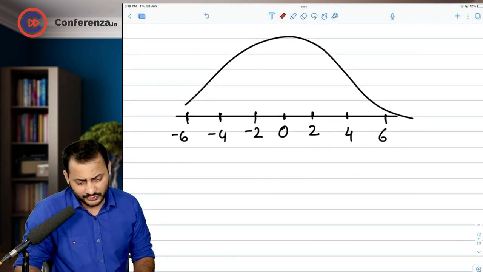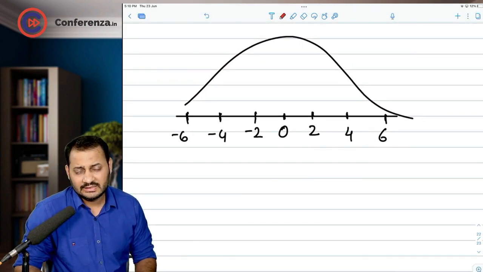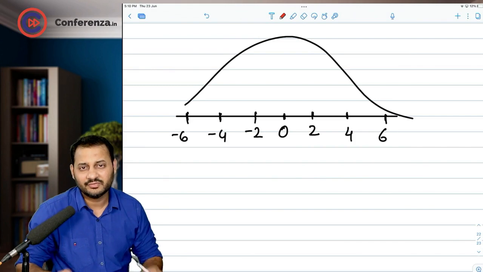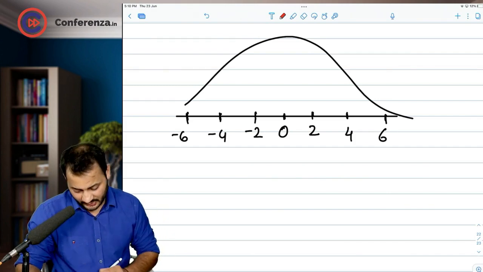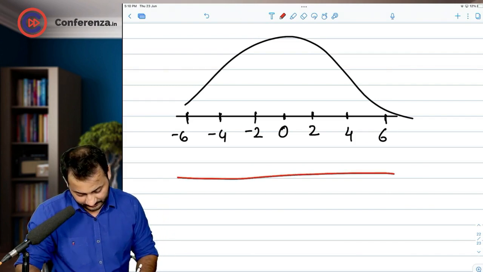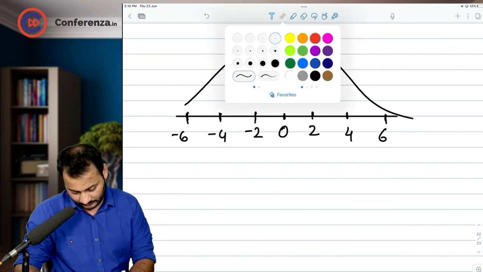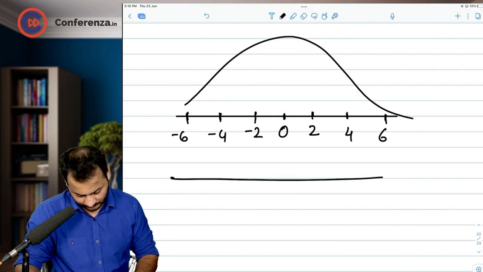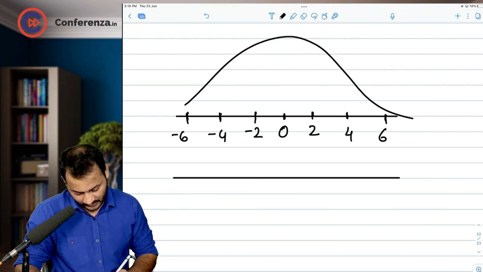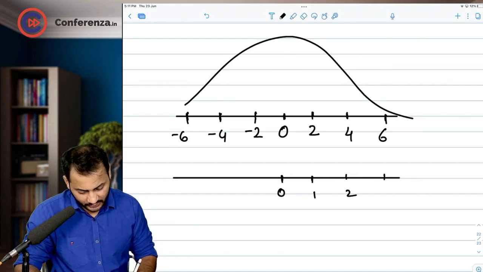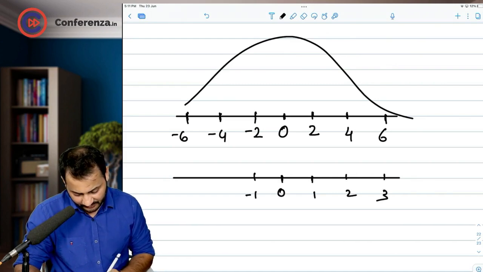But you also know that the probabilities given in the Z table are not for this profit or losses. It is for the standard format, which is like this, where the mean is 0, and here we write 1 standard deviation, 2 standard deviation, 3 standard deviation, minus 1, minus 2, minus 3.